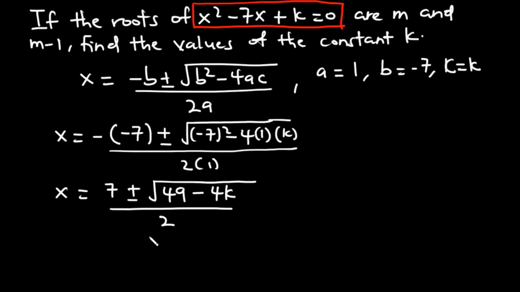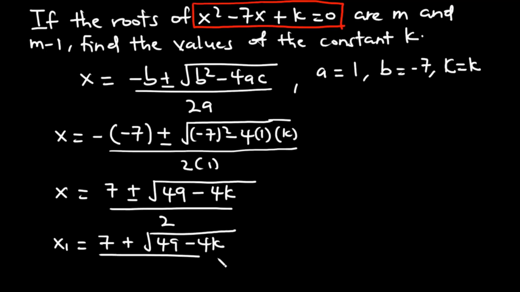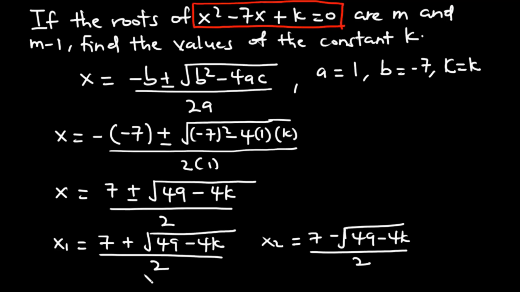At this point, we realize that the quadratic equation has two roots. Now the first one is, say x1 is equal to 7 plus the square root of 49 minus 4k divided by 2. And then the second one, x2 is equal to 7 minus the square root of 49 minus 4k divided by 2. We realize that the roots of the equation are m and m minus 1.